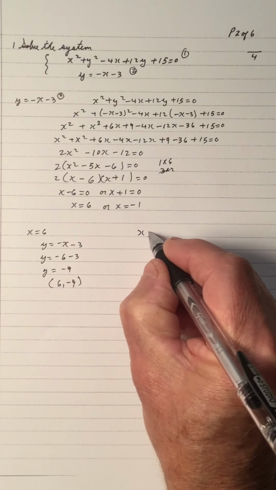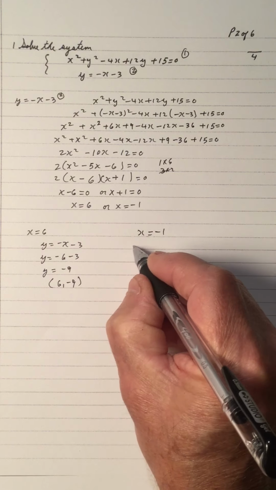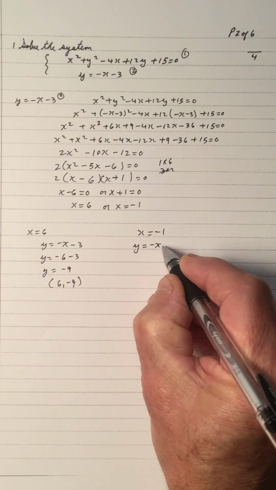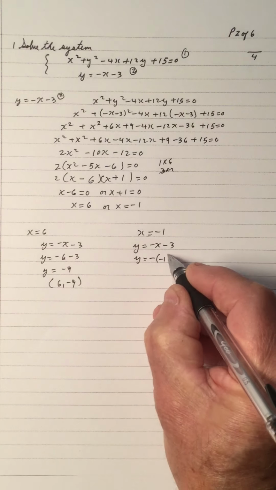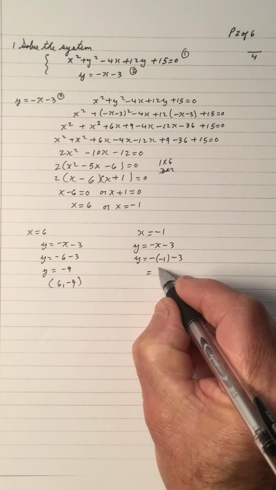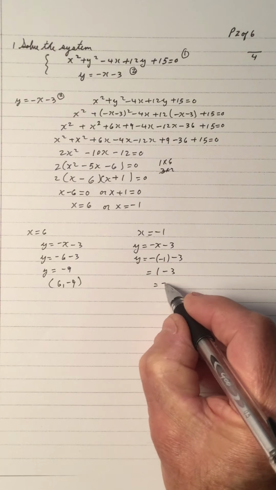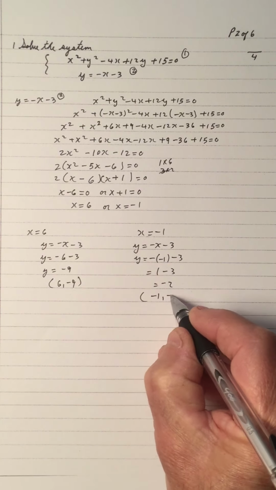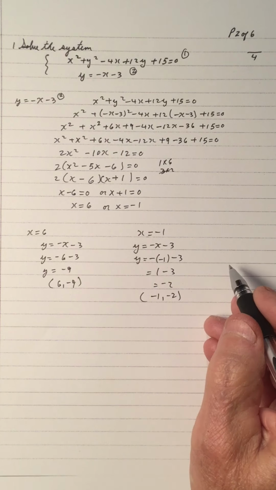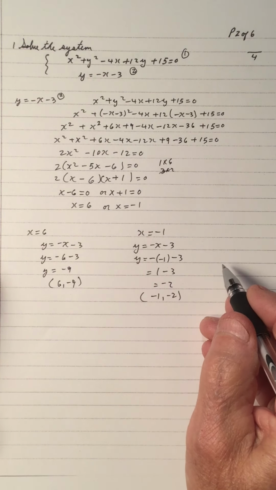And now we take x equals negative 1. So y equals negative x minus 3. The negative of a negative 1 minus 3. 1 minus 3 is negative 2. So we have x is negative 1, y is negative 2. So that's the 2 points of intersection.